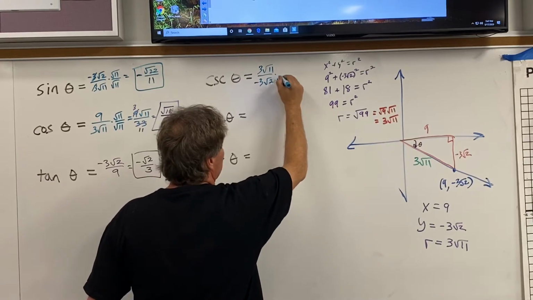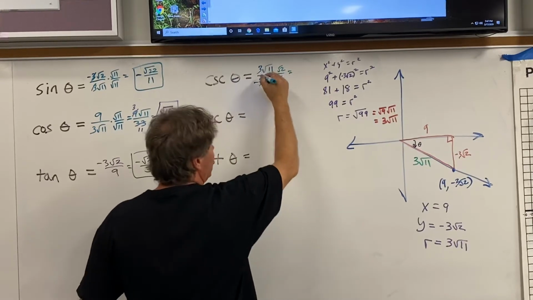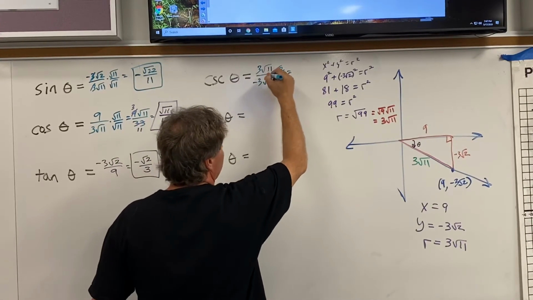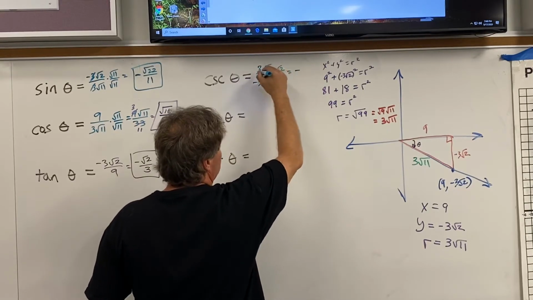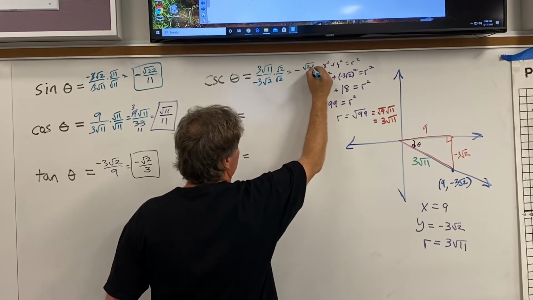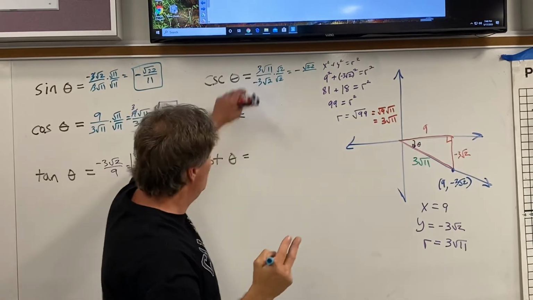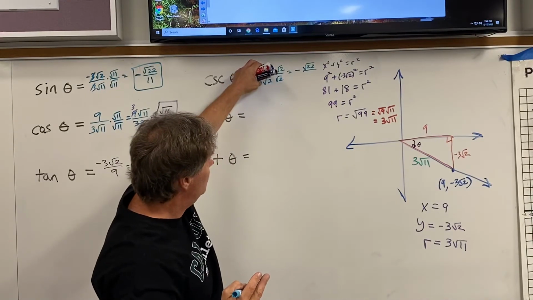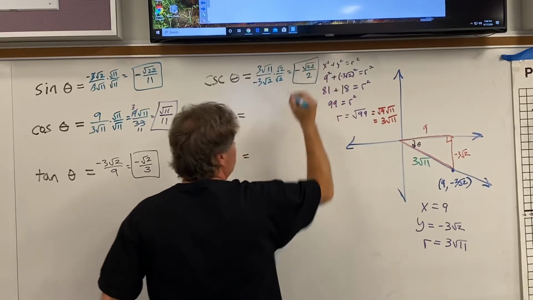Again, I'm going to have to multiply by root 2 over root 2, and the 3's cancel. So I'm going to get, first of all, there's a negative. And then the 3 canceled, so root 11 times root 2 is root 22 over root 2 times root 2 is 2. The 3 already canceled there, so it's going to be just 2. So it's negative root 22 over 2.